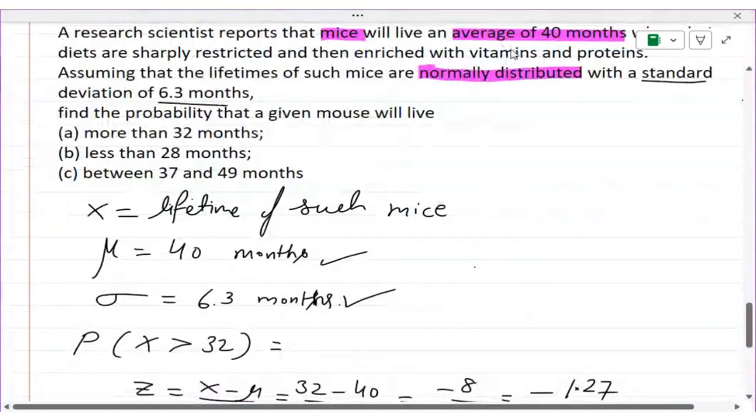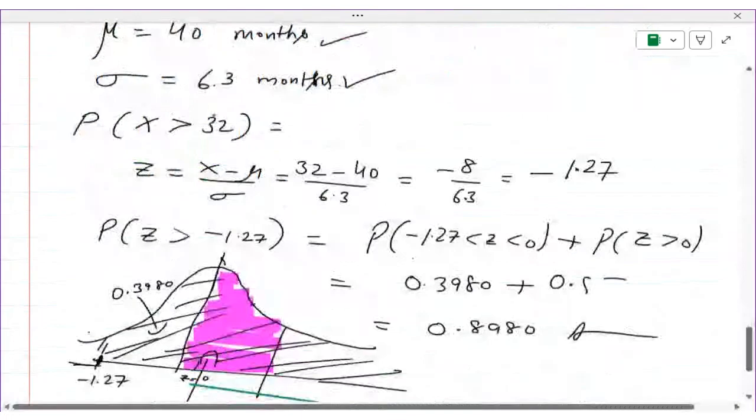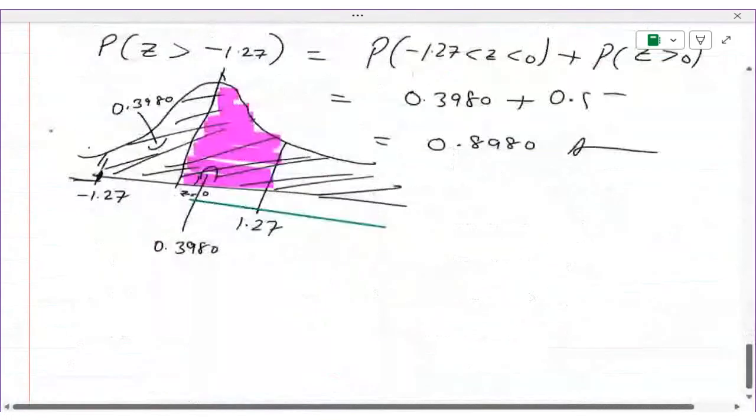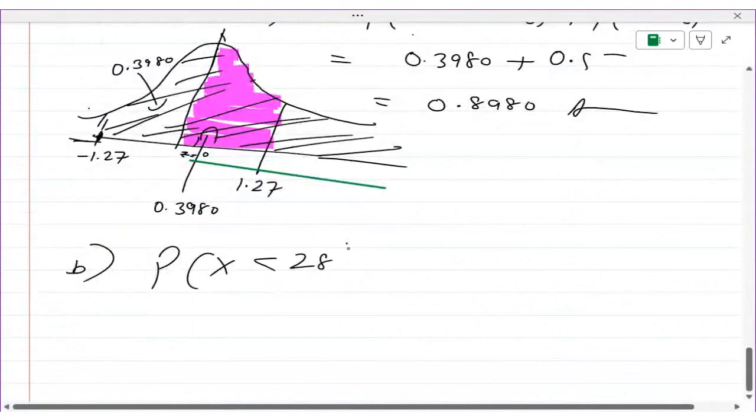So now next is we have to find less than 28 months. Okay, so very simple. So this was the A part. Now the B part is you have to find the probability that X is less than 28 months.